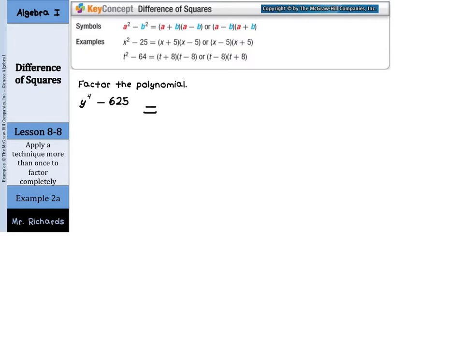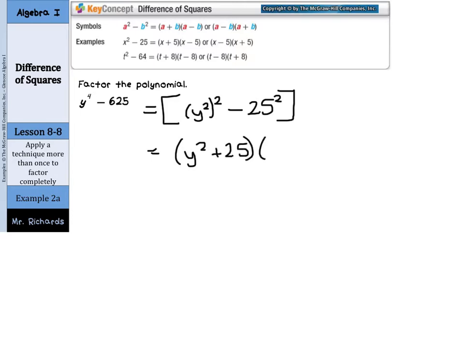This is going to equal y to the fourth, which we could call y squared squared, minus, well, 625, the square root of that would be 25, so 25 squared. Well, this then breaks into y squared plus 25 times y squared minus 25.